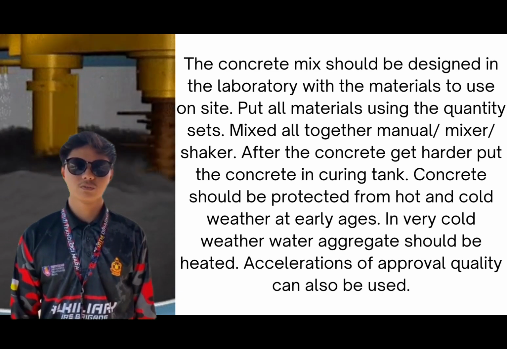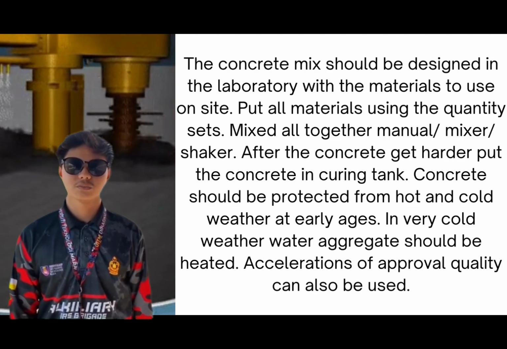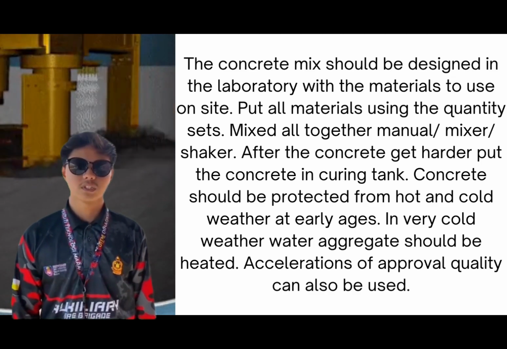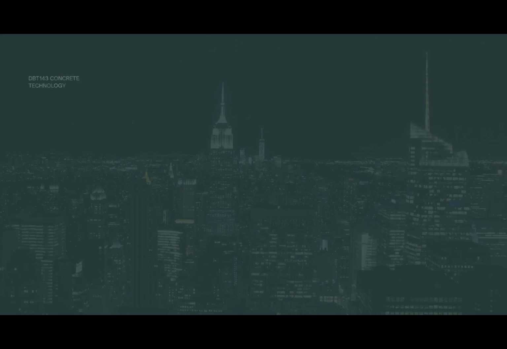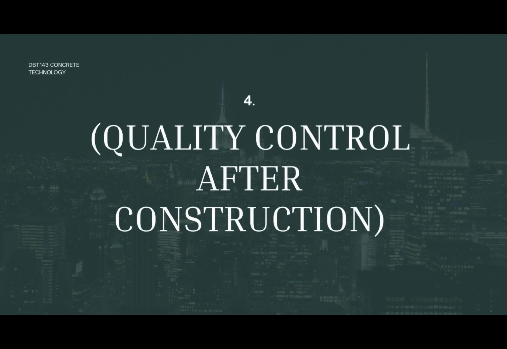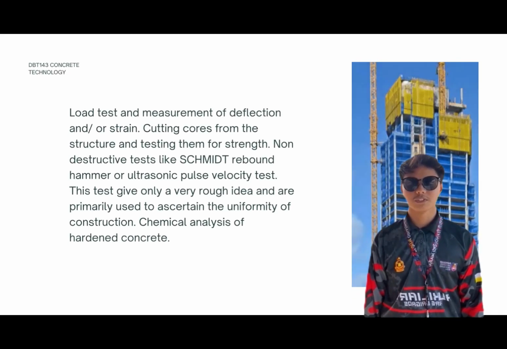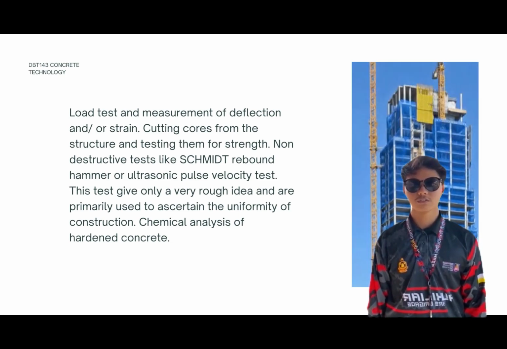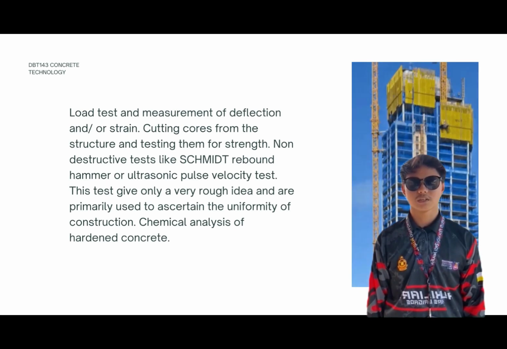In very cold weather, water and aggregate should be heated. Accelerators of approved quality can also be used. Quality control after construction. Load test and measurement of deflection and strain. Cutting cores from the structures and testing them for strength.